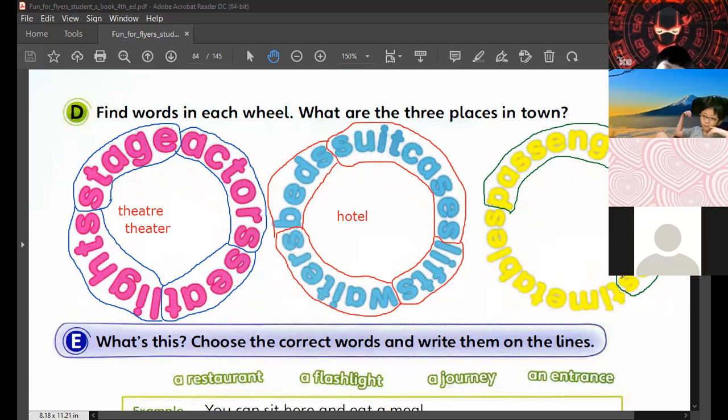And in this circle, only 3 words, because the last word is timetables. So well done, Plawan, very fast and all correct, because the last place is an airport. So they are the words and they are the places.